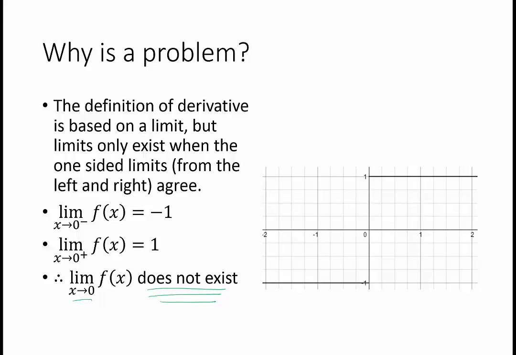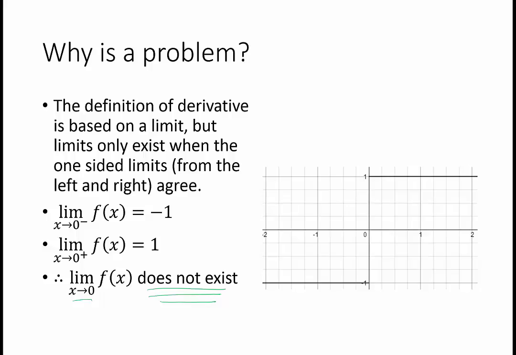The two limits must agree. And again, this is something that you should have covered in pre-calculus. Now, it just so happens that this is exactly the graph of the slopes for the absolute value function.